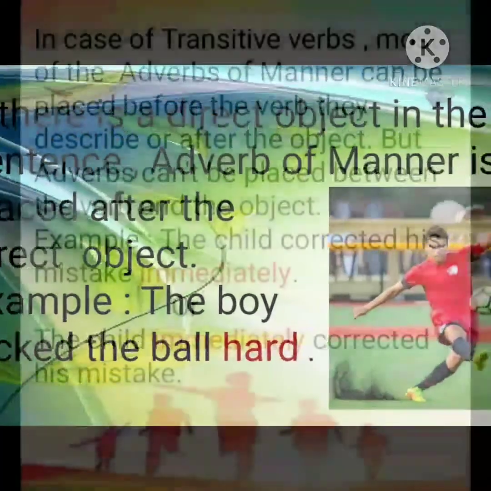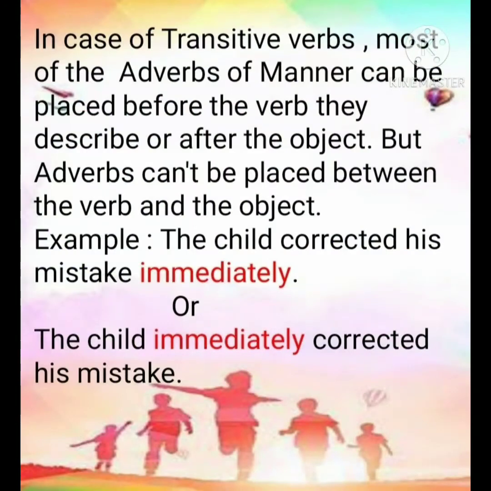Children, when object is given in the sentence, most of the adverbs of manner can be placed either before the verb they describe or after the object. Both the positions are correct, but we can't place any adverb between the verb and the object. For example, he immediately corrected his mistake, or he corrected his mistake immediately.